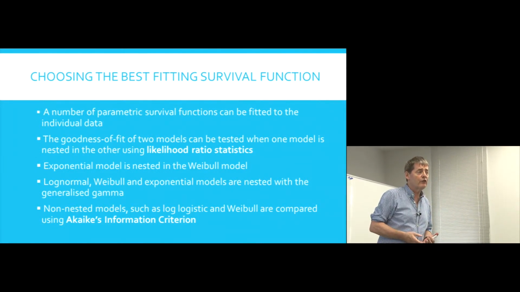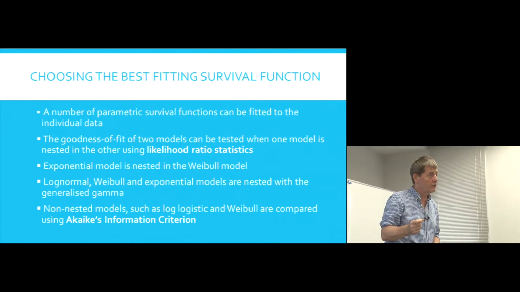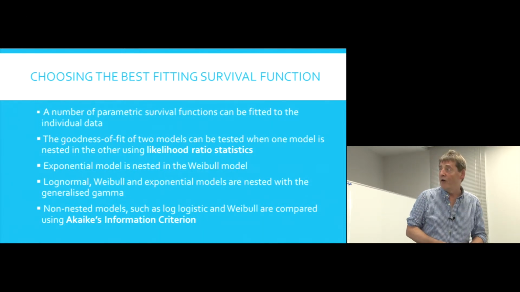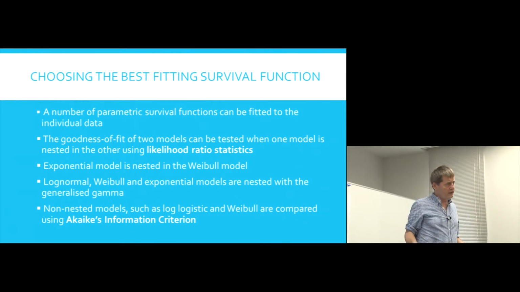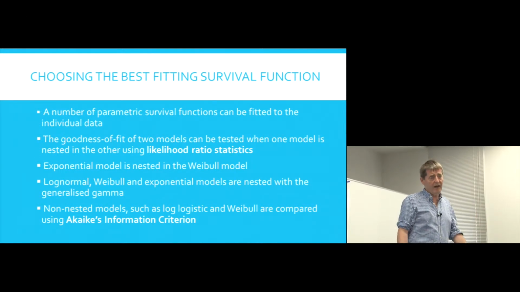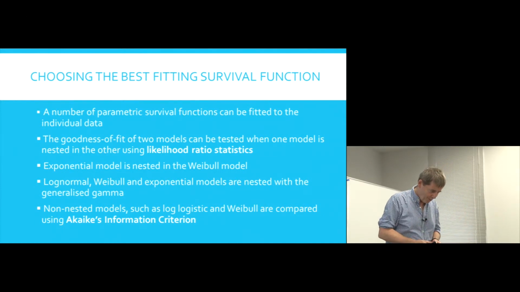So there's an issue in how do we choose which survival function to use. Now, what you can do is try, and this is the recommended advice, try a wide range of functions: exponential, log logistic, Gompertz, Weibull. There's a whole series of them.